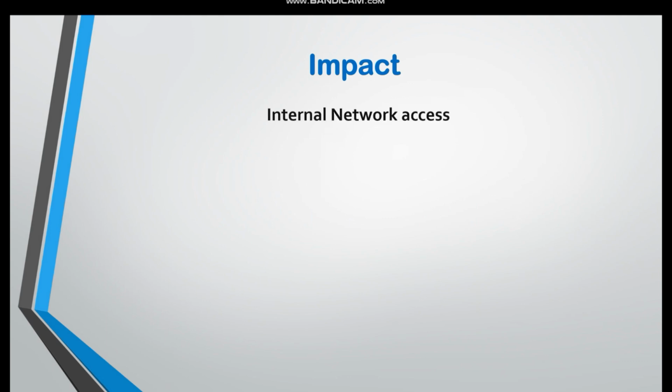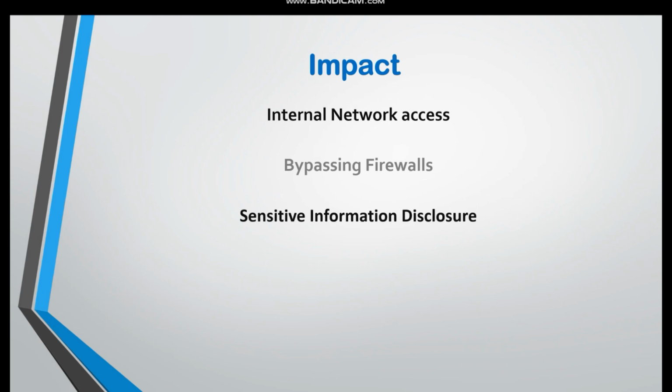First is internal network scan. The attacker or hacker is able to scan the internal network. Second is bypassing the firewall, as we have discussed above how filter bypass is used, and this can easily bypass the firewall. The attacker uses the vulnerable servers. The third is sensitive information disclosure, right?